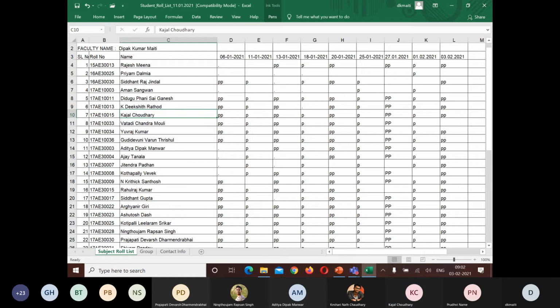Can you send me your current email address? Yes, sir, I will mail you. I have just shared that document for giving your option in which group you want to be. That mail didn't go to you.